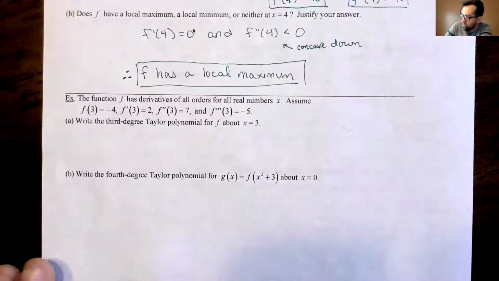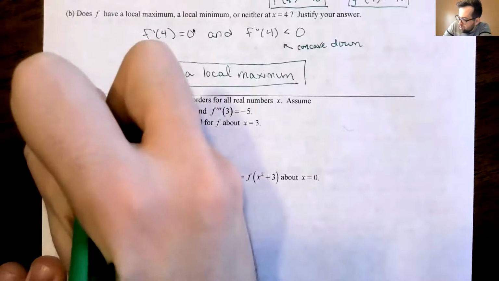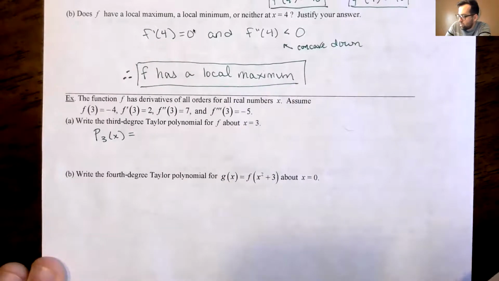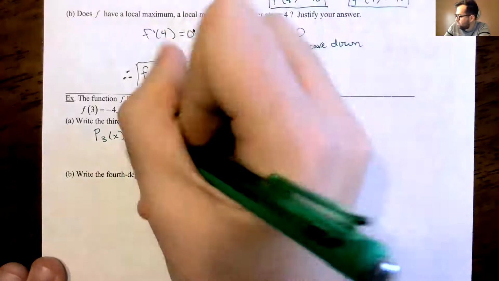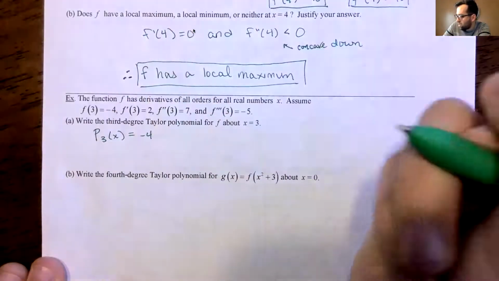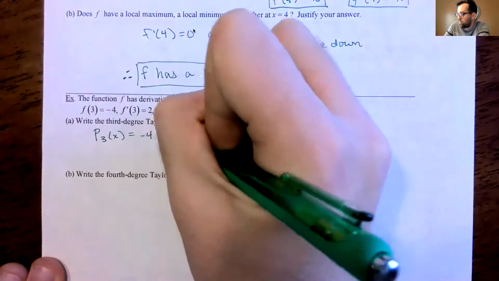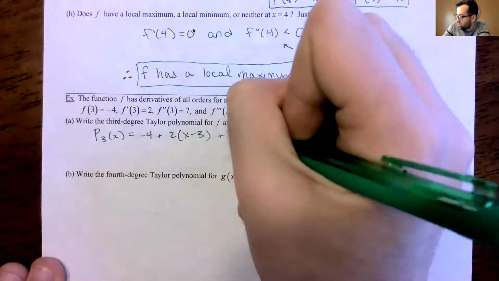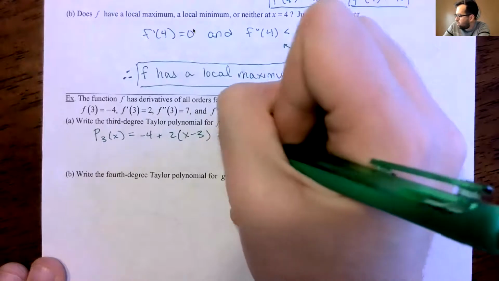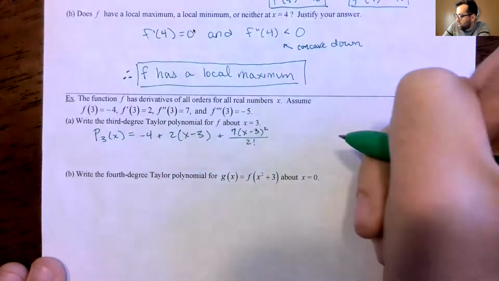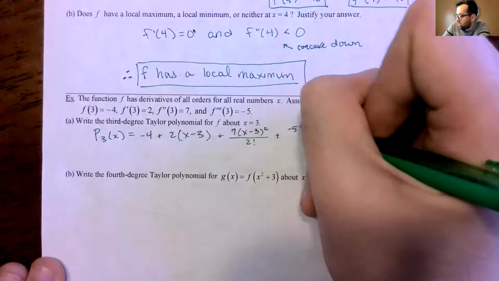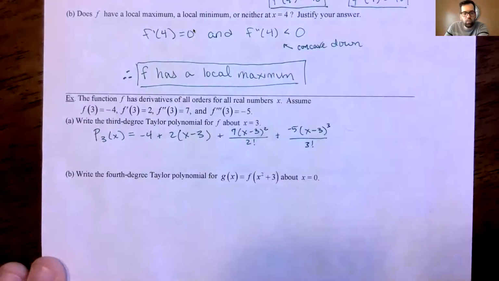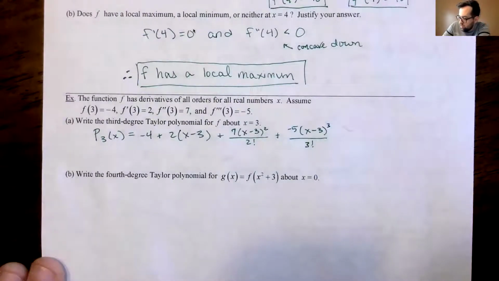So we have p sub 3 of x, and let's just start to fill this in. So we've got -4 plus 2 times x minus 3 plus 7 times x minus 3 squared over 2 factorial plus -5 times x minus 3 cubed over 3 factorial. And I'm going to do a little bit of simplifying here.